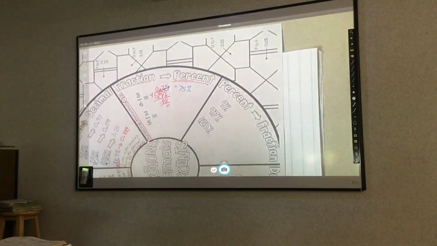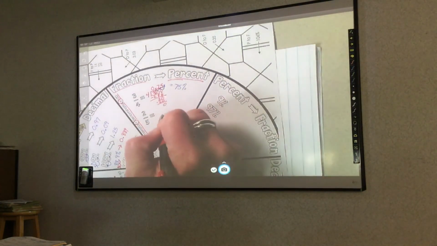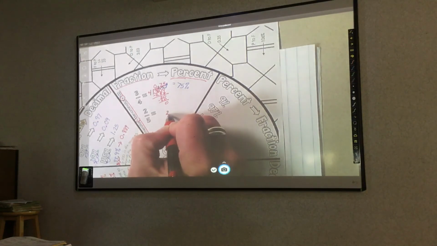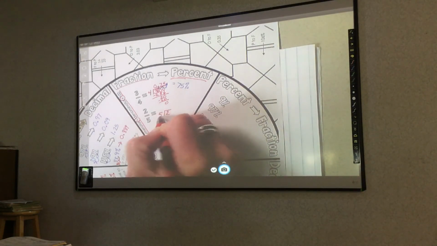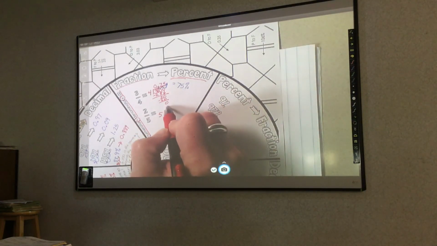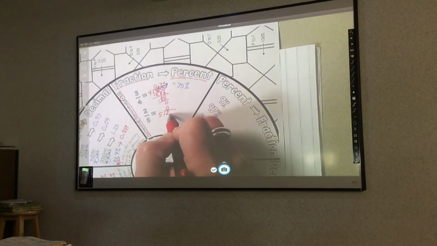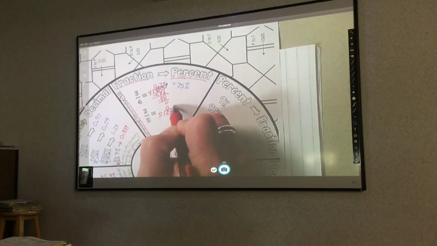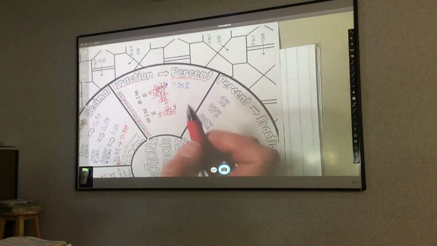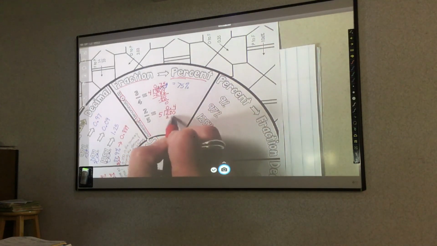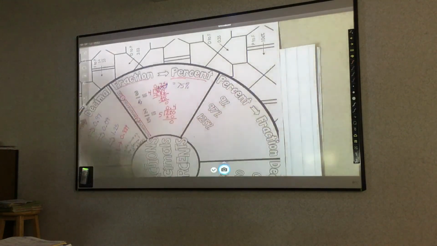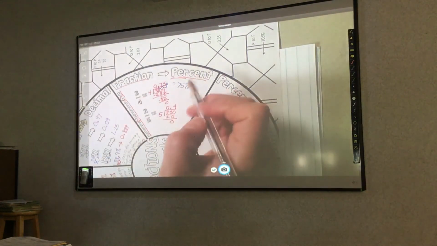2/5. You take 2 divided by 5, so I'm doing my division. 5 doesn't go into 2, so I add a 0, add my decimal, bring it up. 5 goes into 20, 4 times. 4 times 5 is 20. So there is my decimal, 0.4.